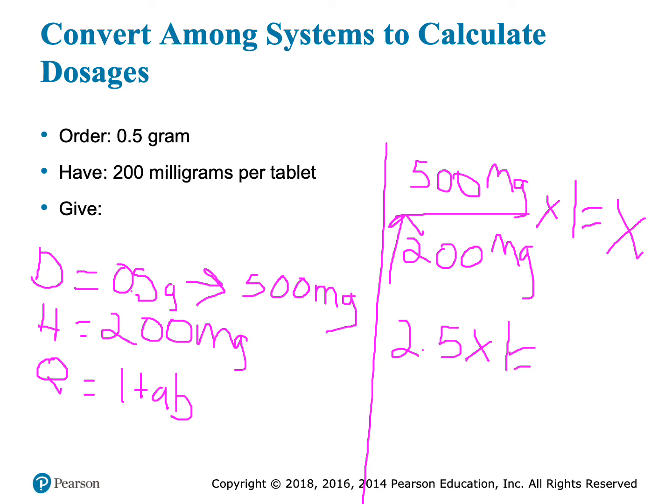And when we multiply, that is going to give us 2.5 tabs. But really, when we're writing tabs, we should probably put it into its fraction form. And so that is going to give us 2.5 tabs as our answer, and that is what we would give our patient.